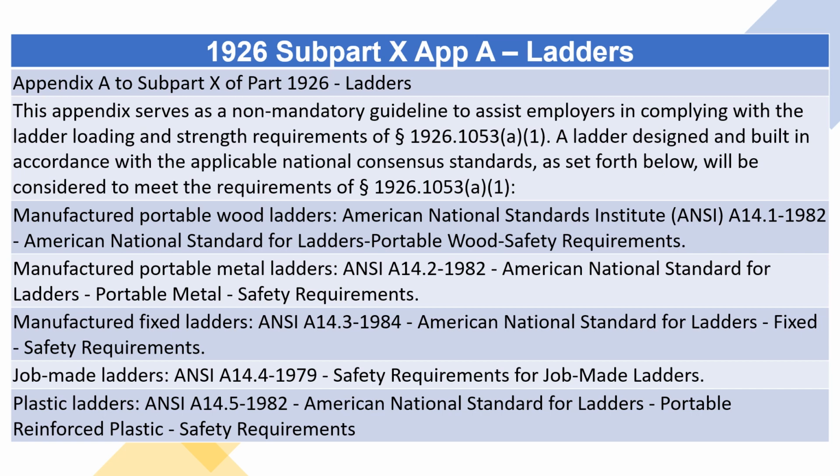Manufactured fixed ladders, ANSI A14.3-1984, American National Standard for ladders, fixed, safety requirements. Job-made ladders, ANSI A14.4-1979, safety requirements for job-made ladders. Plastic ladders, ANSI A14.5-1982, American National Standard for ladders, portable reinforced plastic, safety requirements.